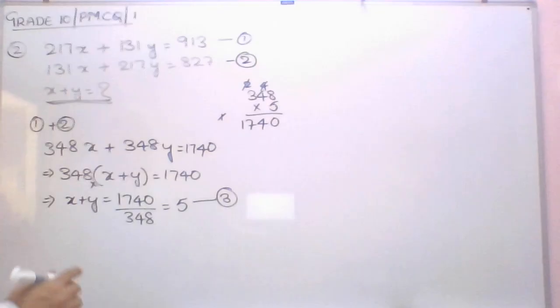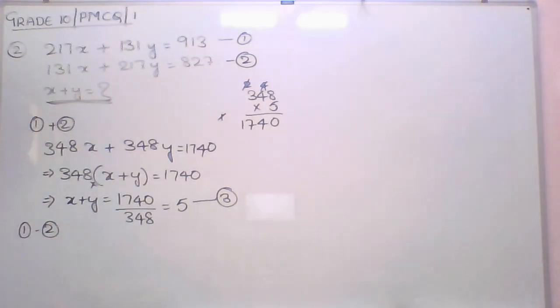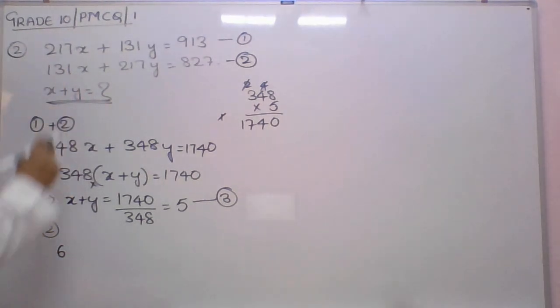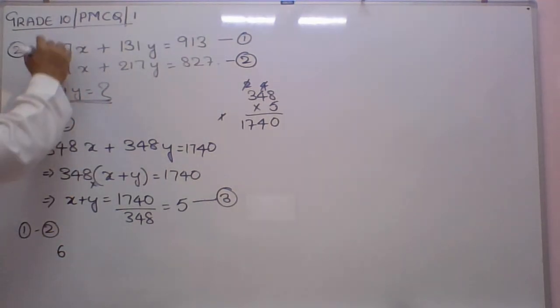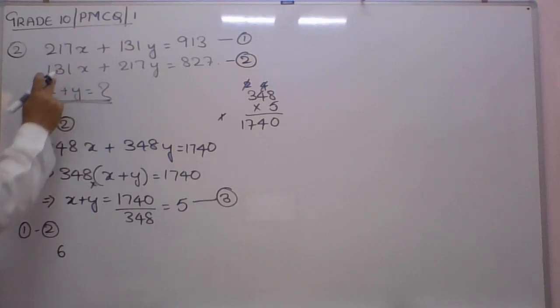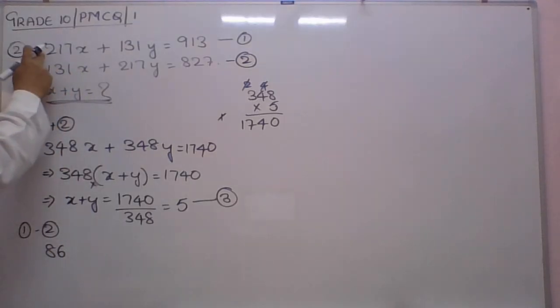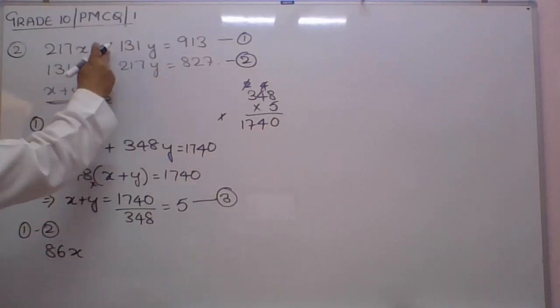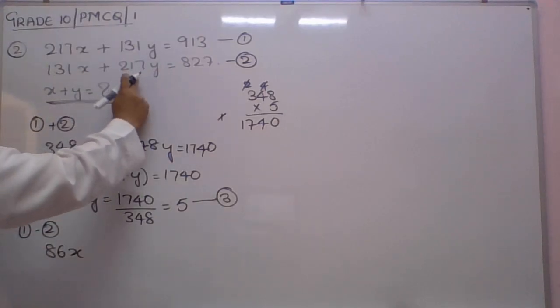Now we have added it. Now subtract. So when I subtract, what happens? 7 minus 1 is 6. 1 minus 3 you cannot, so borrow it. It will become 11. 11 minus 3 is 8. And when I borrowed, it will be 1. 1 minus 1 is 0. So it is 86x. Then when I subtract here, what happens?